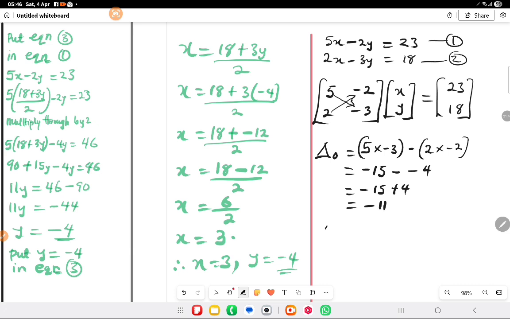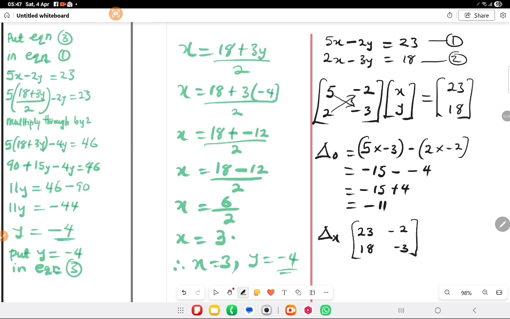Now we look for determinant x, which is denoted by delta x. We go back to the original matrix and replace the column of x by the constants, which are 23 and 18. We bring out minus 2 and minus 3.